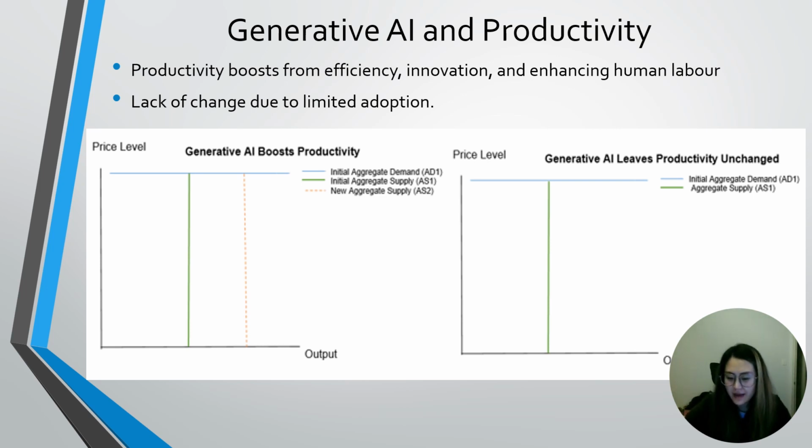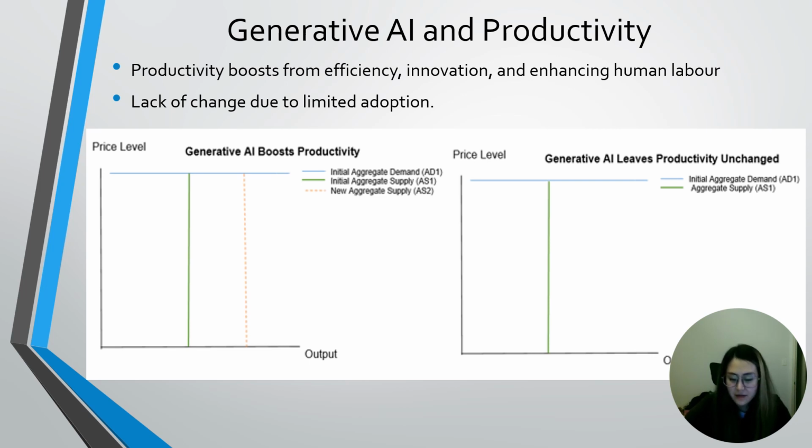So generative AI has the potential to significantly impact productivity and output in the economy, depending on various factors influencing its adoption and integration. In the first scenario, generative AI boosts productivity by making production processes more efficient, fostering innovation, and augmenting human labor.